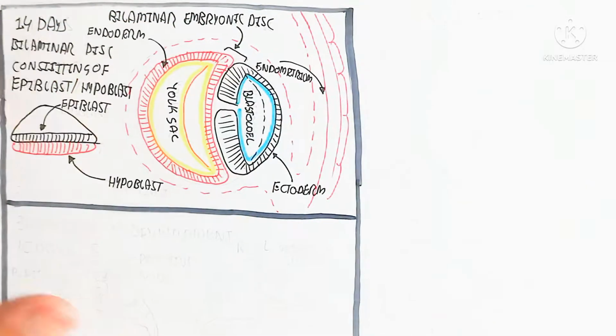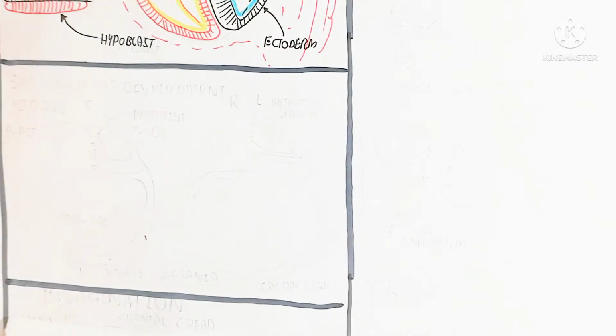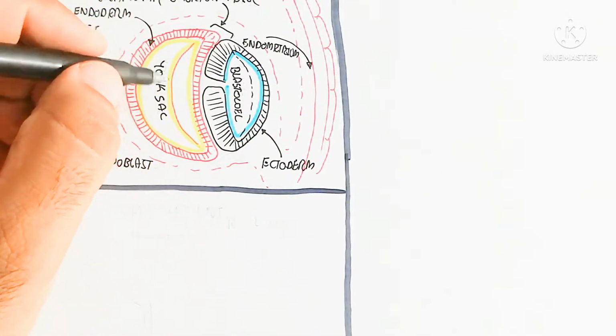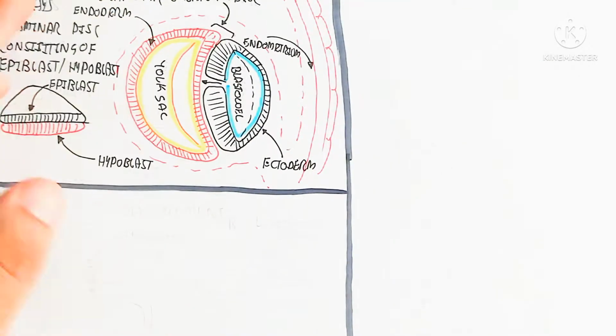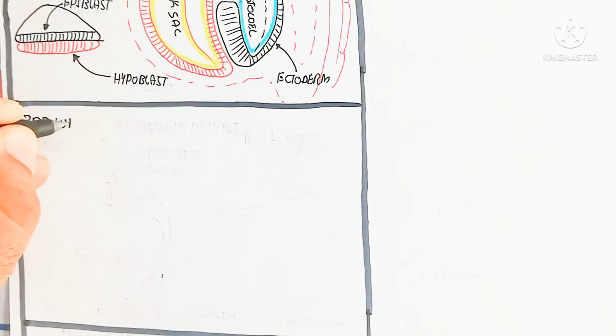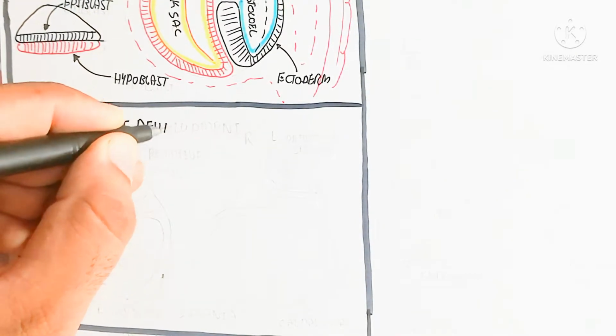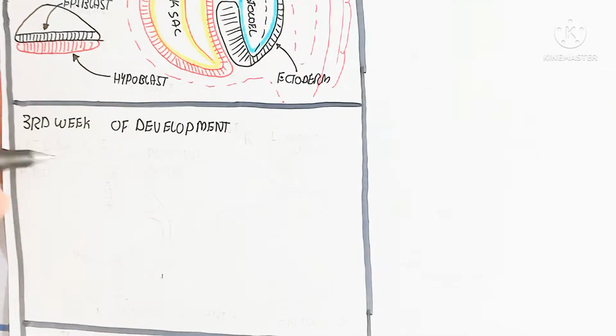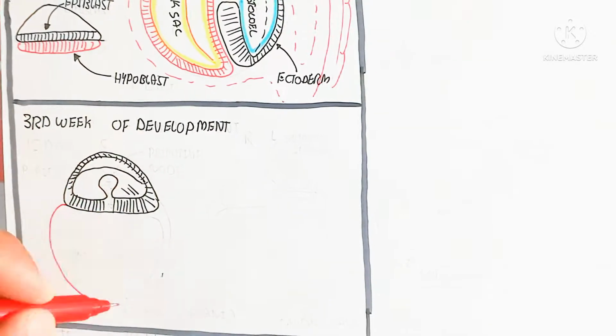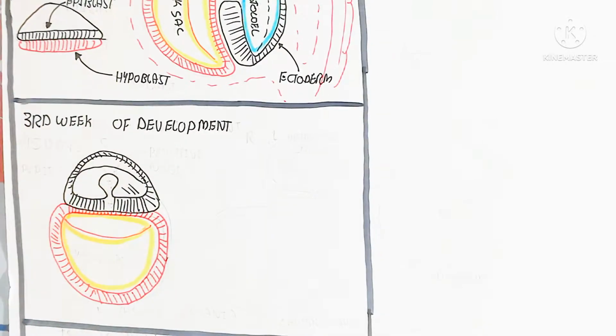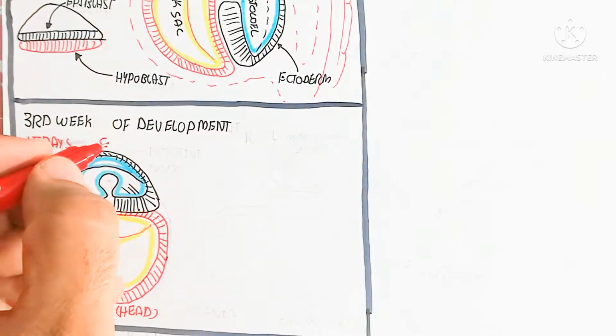So let's begin to understand the process, and we will look at the lateral cross section and the sagittal cross section. After the 3rd week, the development of gastrulation begins from here.